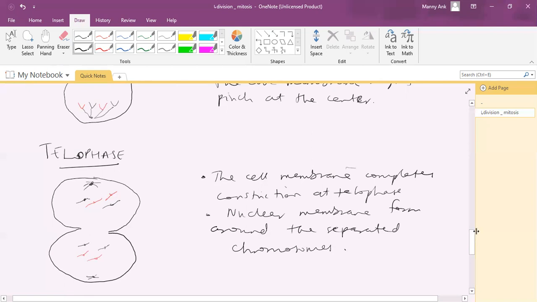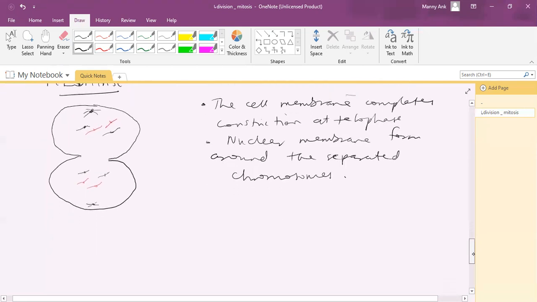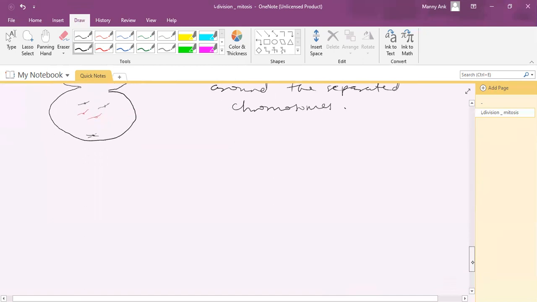Okay. So that's what happens during telophase. So at the end of mitosis, there are two cells with the same structures and the number of chromosomes as the parents.